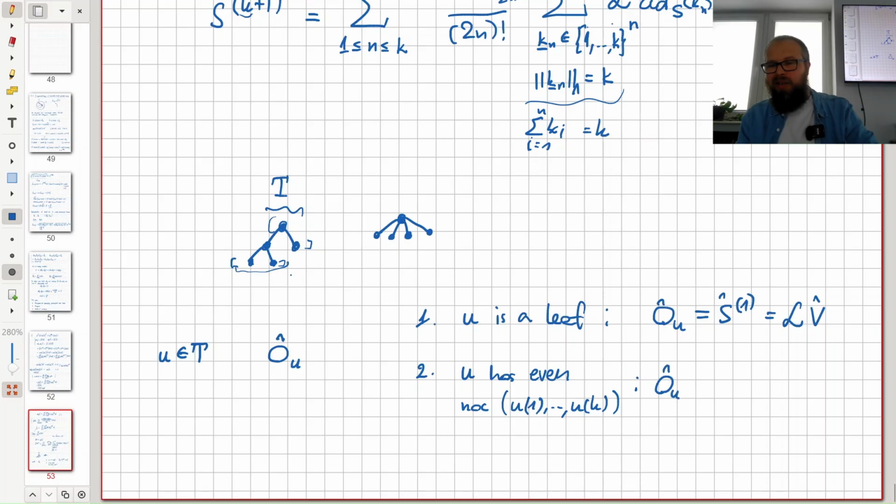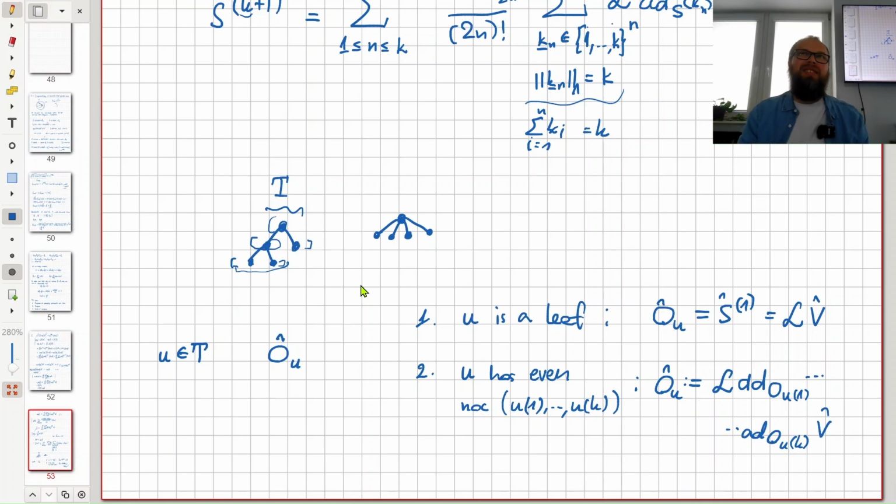The operator assigned to u, so let's say this node here, is given by L on the adjoint AD of O_u1, so the commutator with the operator you would assign to the child, up to AD O_uk, acting on V. All right? All other cases are 0.